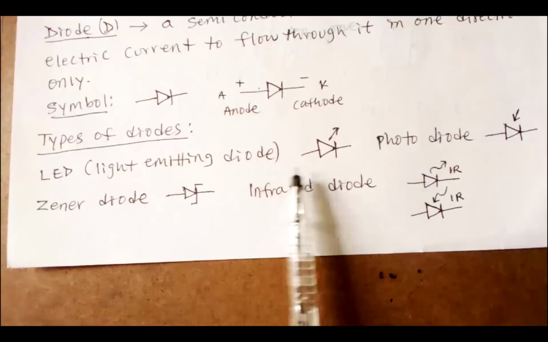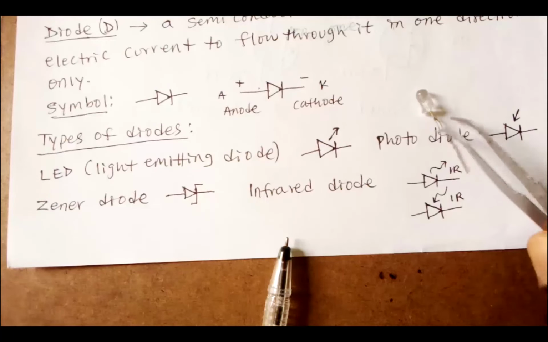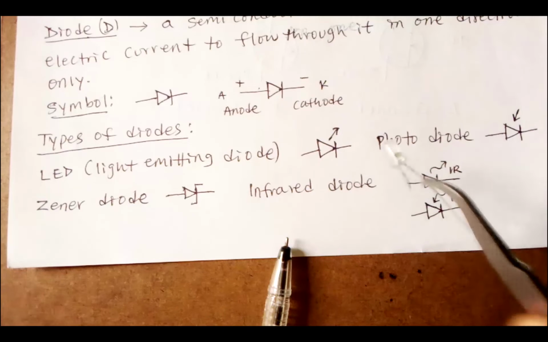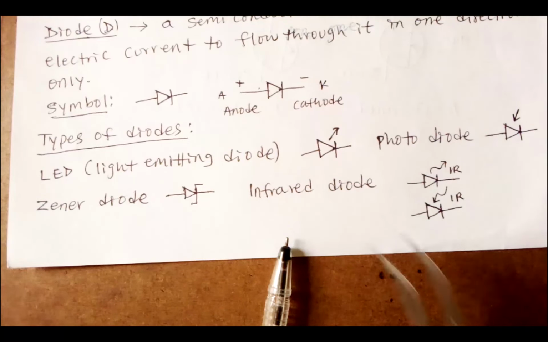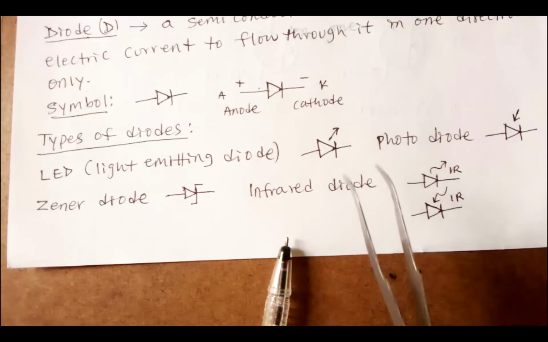We have light emitting diode, the one that emits light, like this. So this is LED. That's the symbol. You can see the arrow going out. You understand?